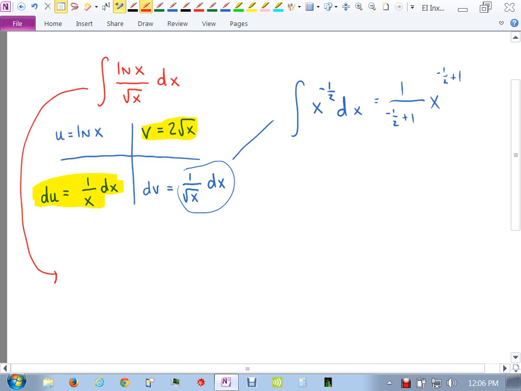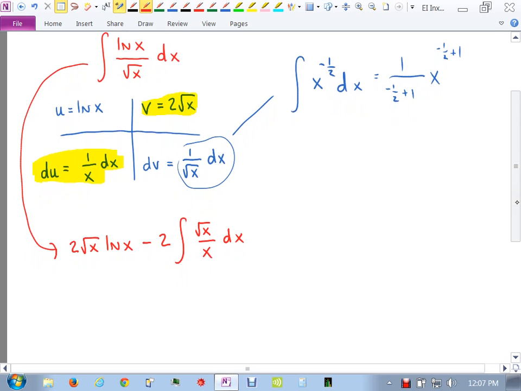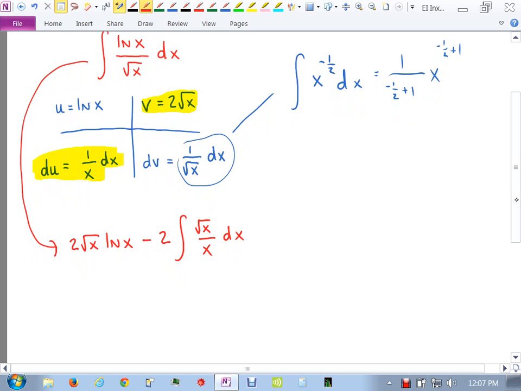So this should become uv, 2 root x natural log x, minus 2 is going to come out, integral square root x over x dx. Anybody have any questions on where I got any of this? What's the square root of x over x?